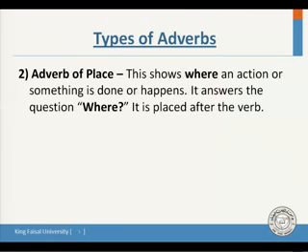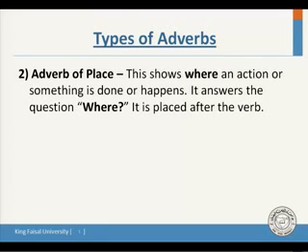Now, type 2, adverb of place. This kind of adverb shows where an action or something is done or happens. It answers the question where, and it is placed after the verb.